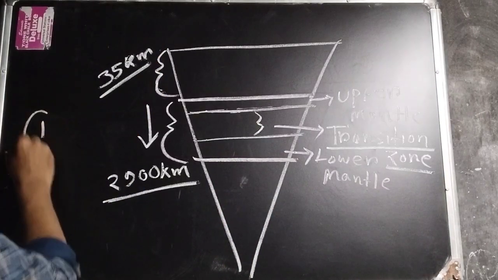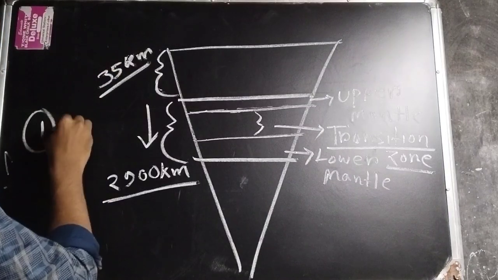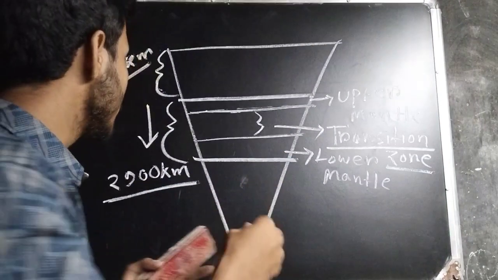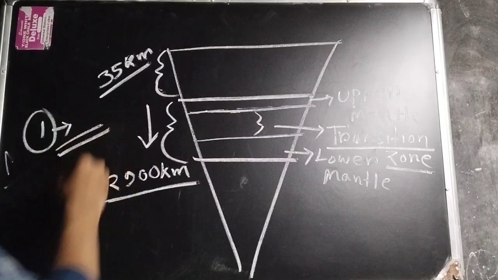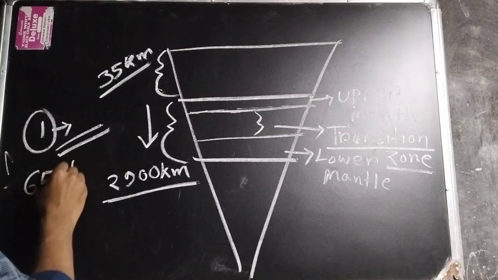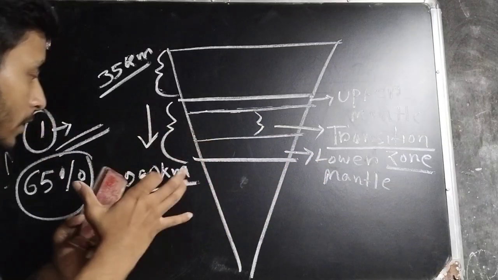The first surprising point about the mantle is that most of the mass of the earth is contained in the mantle portion, nearly 65% of the earth's mass.